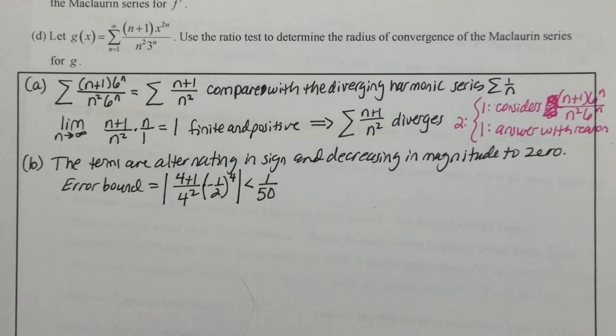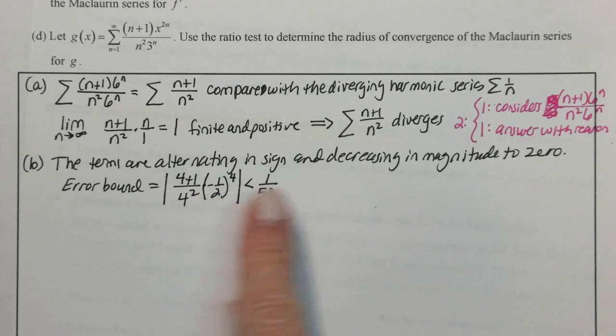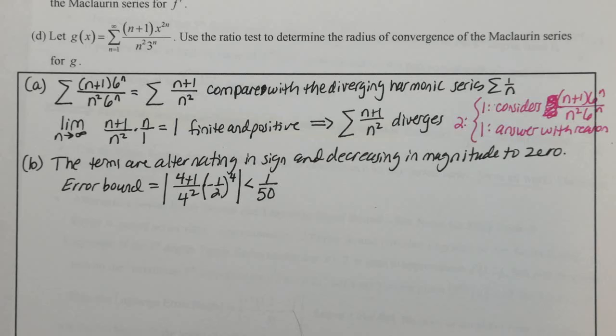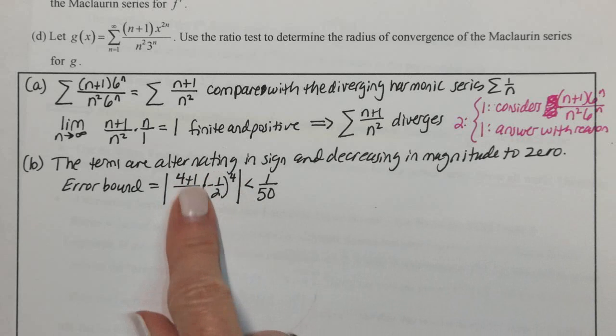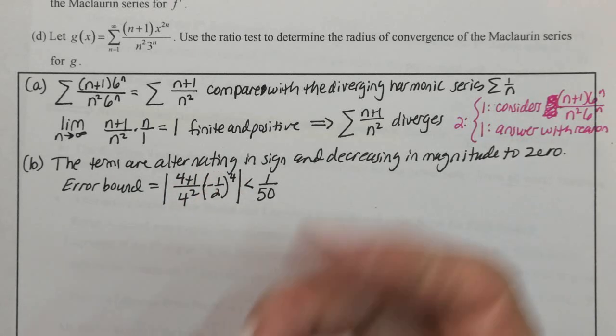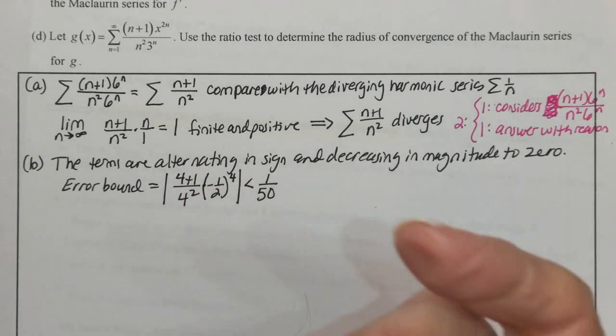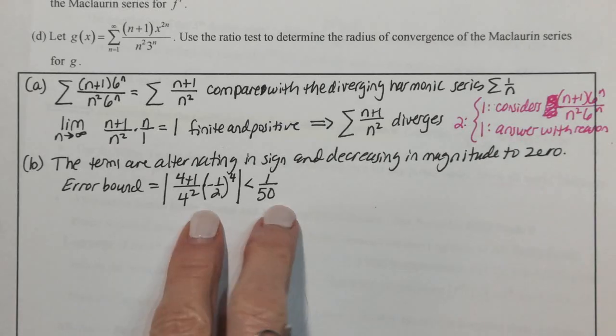If you really wanted to, you could simplify this out and show that it's 1 over 50 that way. But they don't care, all right? At worst, if you tried to clean this up, you could make an error adding, multiplying, dividing, squaring, whatever you need to do. This gives full credit.